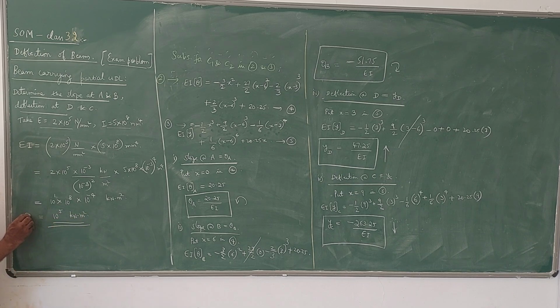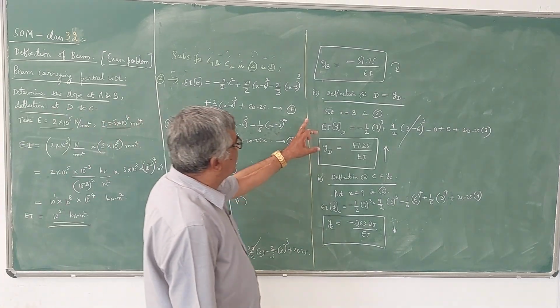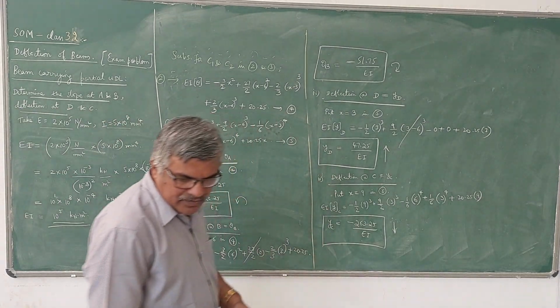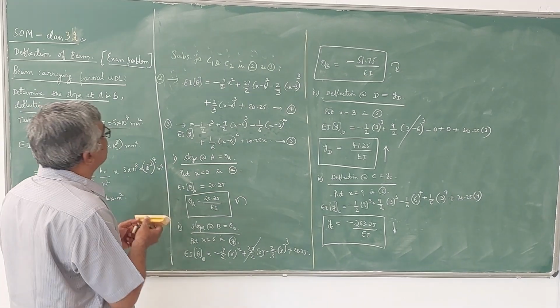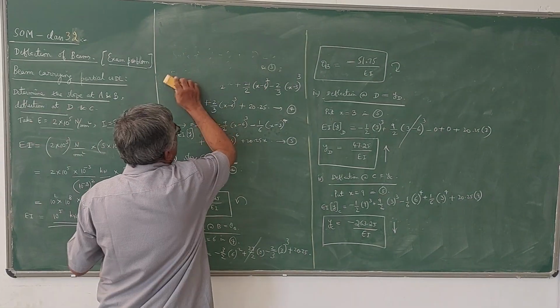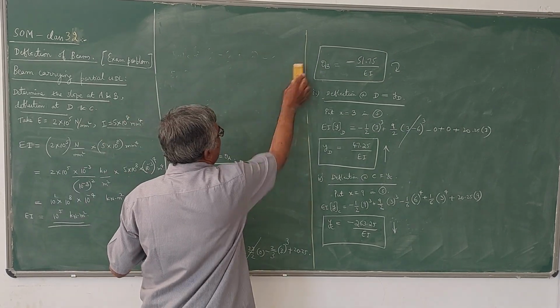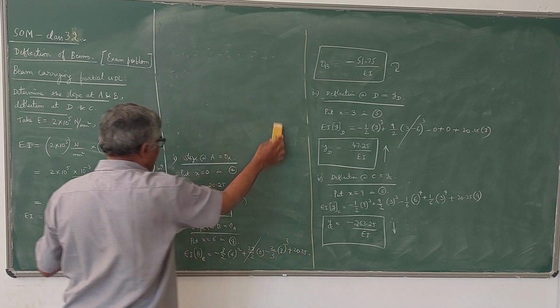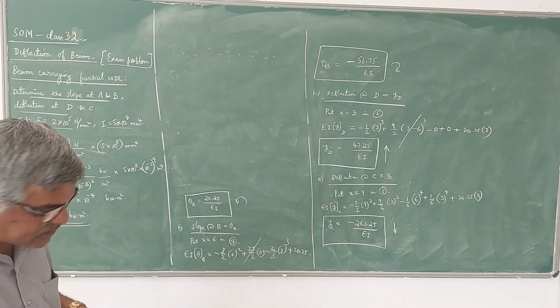We have to substitute this in those 4 expressions: theta A, theta B, YD and YC. Then you will get the slope in radians and the deflection in meters. Later on you can convert that into millimeters. Now let me substitute the value of EI in all the 4 expressions and write the answer.